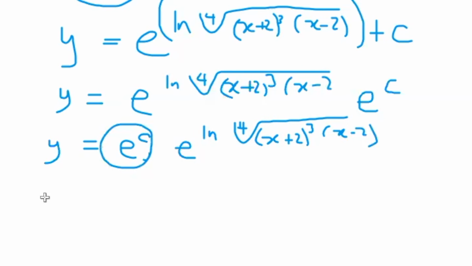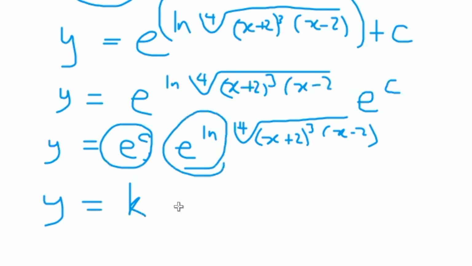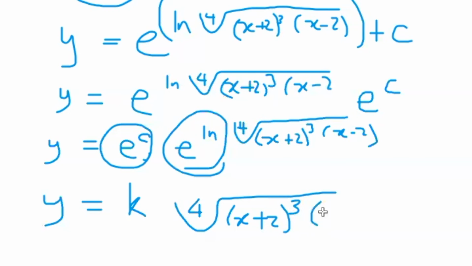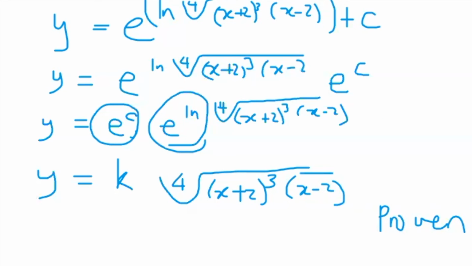So in other words, I have y is equal to k, and then here, these cancel, so I will have just the fourth root of x plus 2 raised to the 3 times x minus 2. And as you can see, I've proven it. That's it.